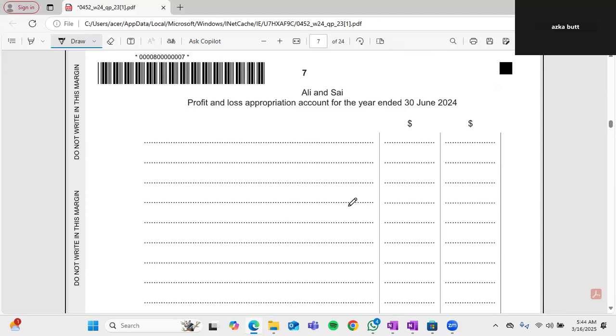We are going to make the profit and loss appropriation account for the partners. So first of all, we have to write the profit for the year. And after that, we have to add interest on drawings.